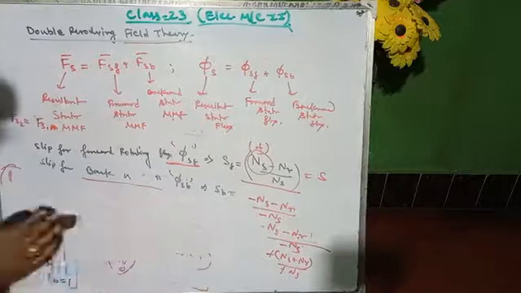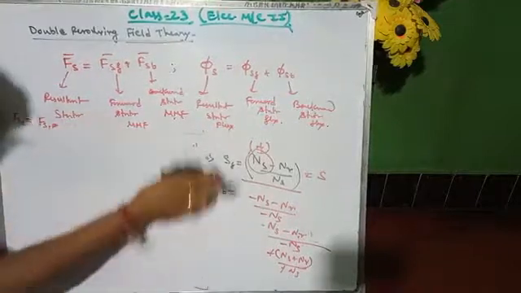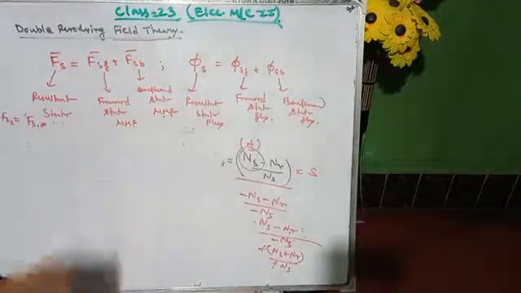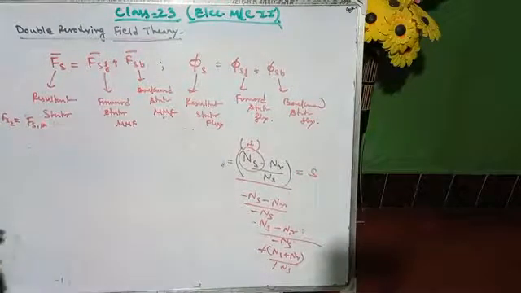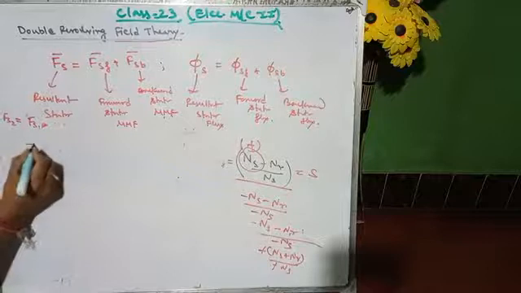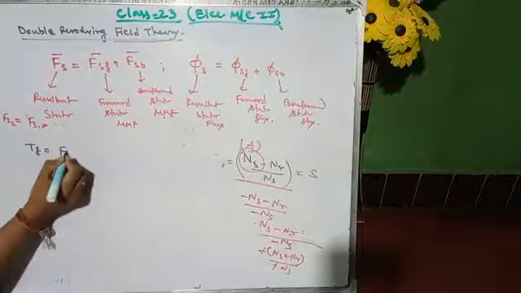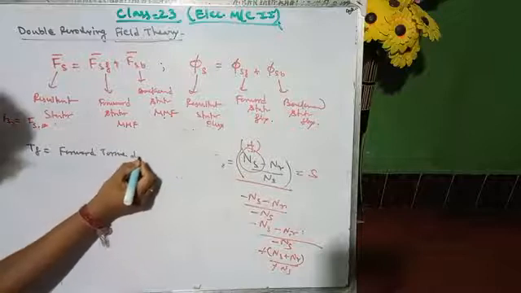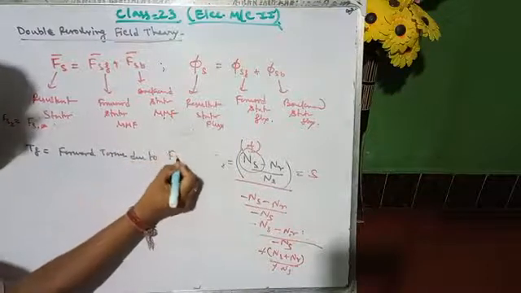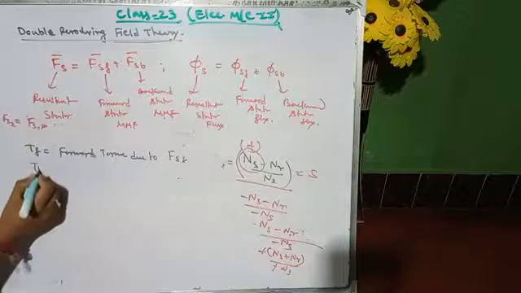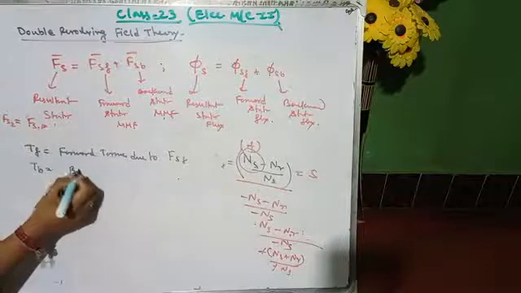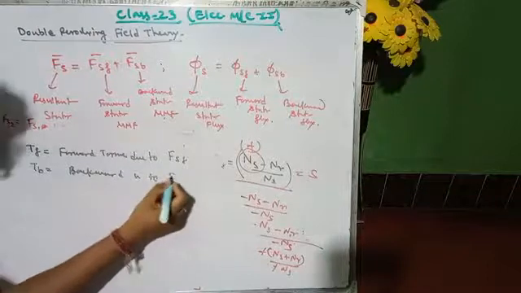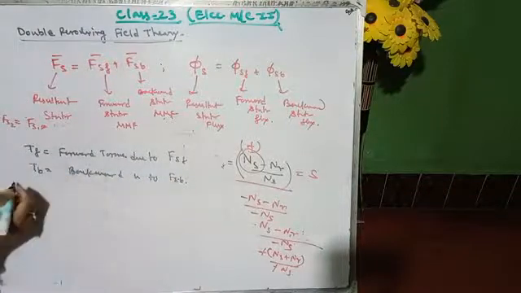Okay, so from the concept of torque, now we are writing Tf equals forward torque due to f of sf, Tb equals backward torque due to f of sb, right?